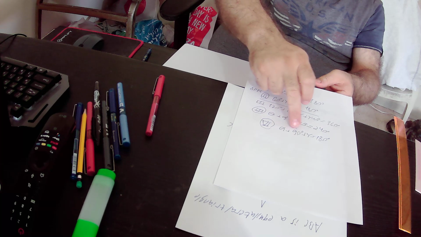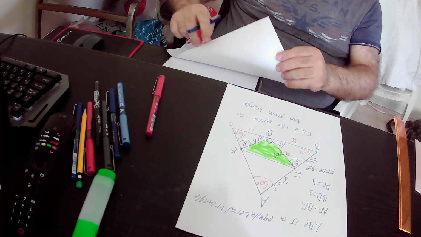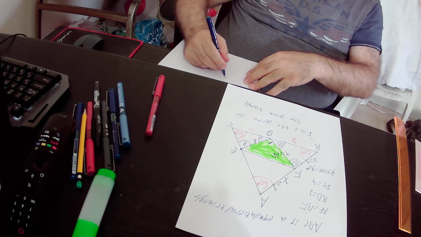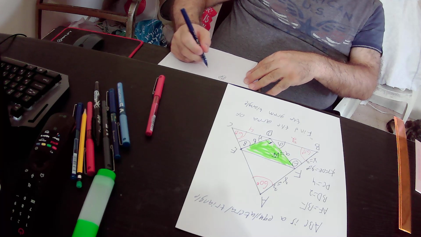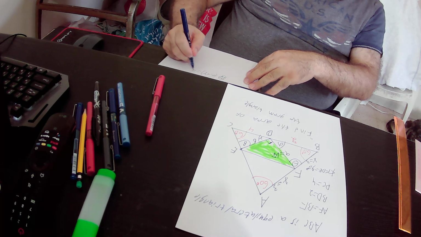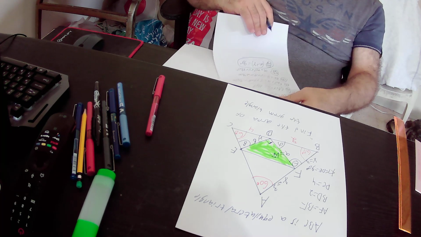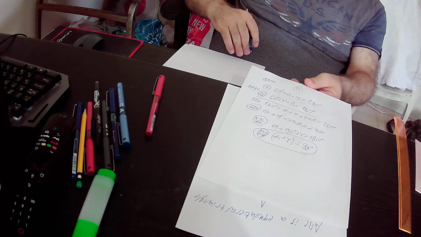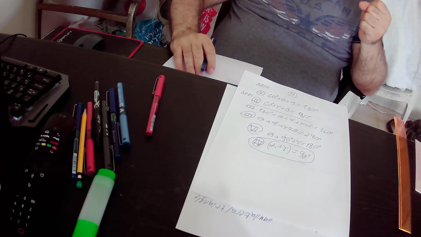Now we'll subtract 90 degrees from the fourth equation and we will get that alpha plus gamma equals 90 degrees. So in the fourth equation we subtracted 90 degrees and we got that alpha plus gamma equals 90 degrees.